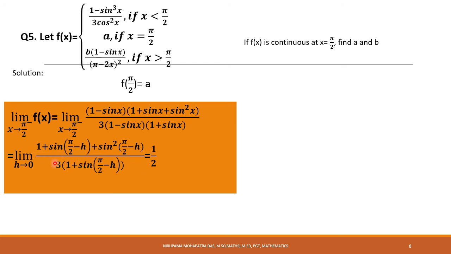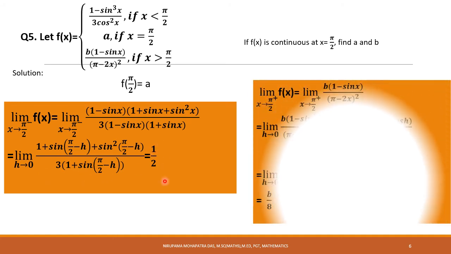Then you can write here 1 plus cos h plus cos square h, then 3 times (1 plus cos h). Right? You can write like this also. So that is 1 plus 1 plus 1, right? 3. In the denominator 3 into 2, means we are getting 1 by 2.